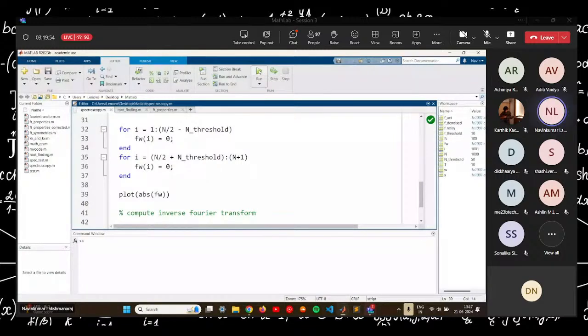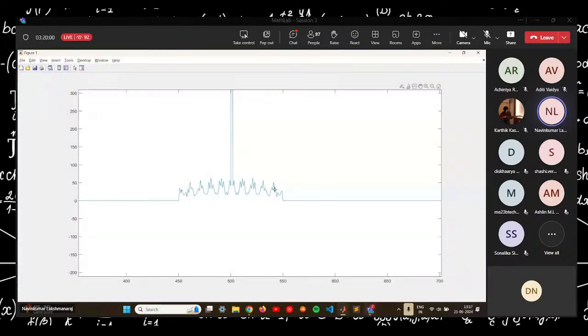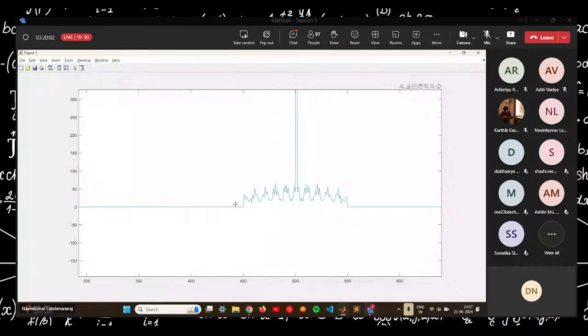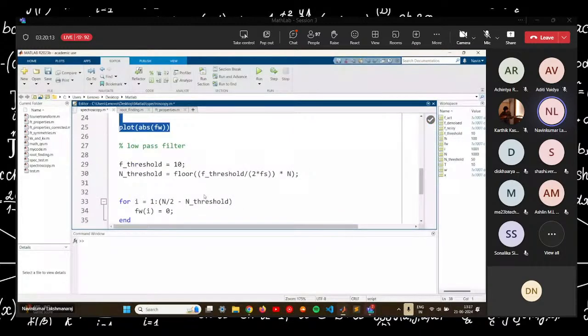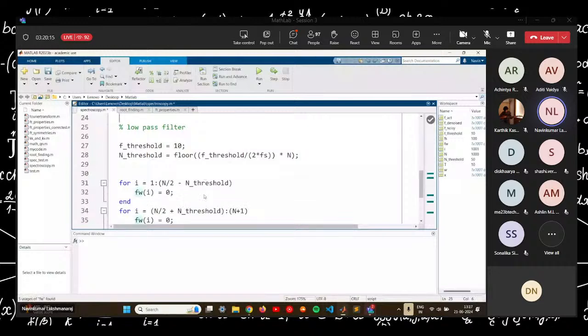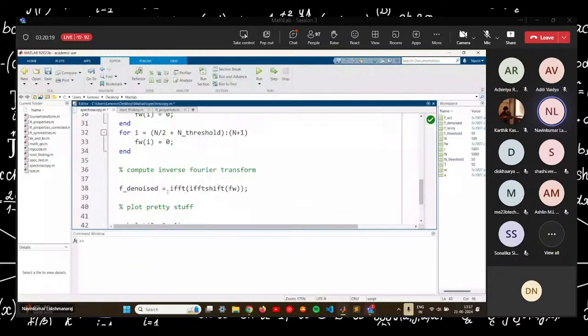So I'll show you what happens to the plot once you apply the filter. What you see is only the low frequency components remain, and all of the high frequency components have been set to 0. Now, after this procedure, what I'll do is calculate the inverse Fourier transform of this new frequency data, which is done using the function IFFT, shorthand for inverse fast Fourier transform.